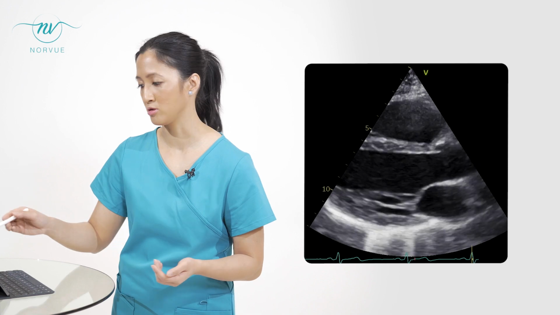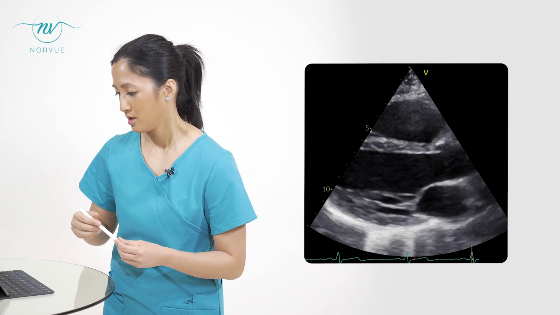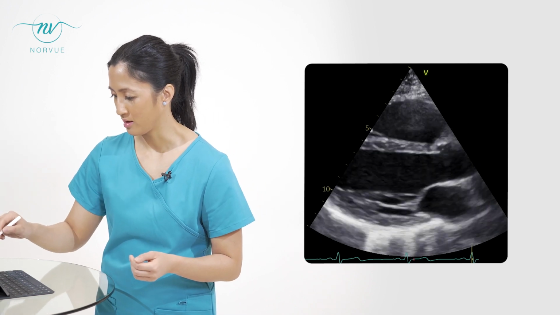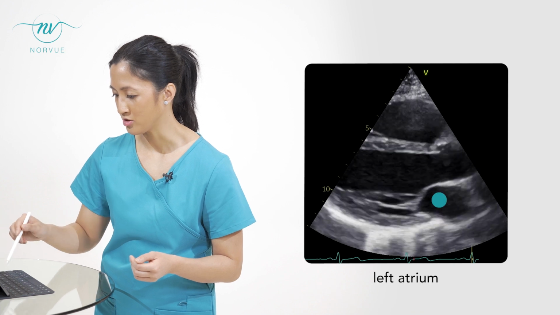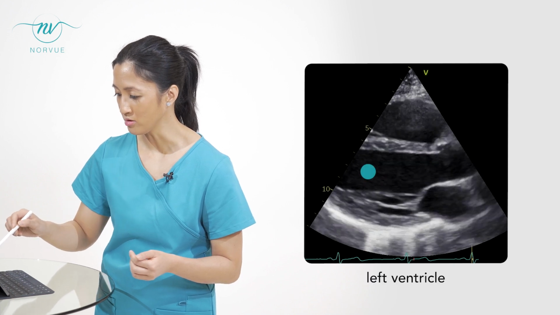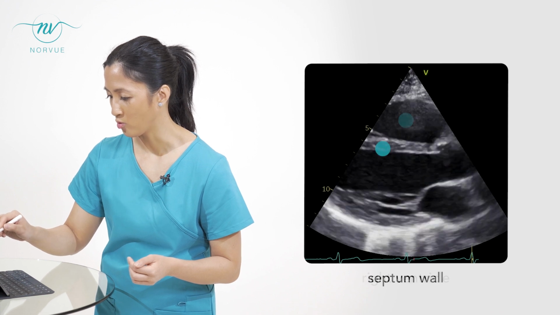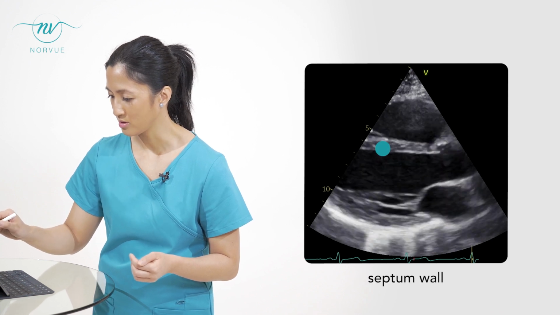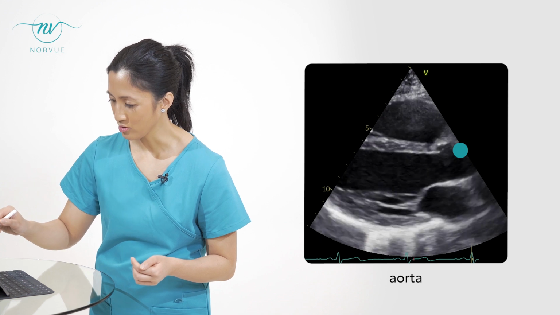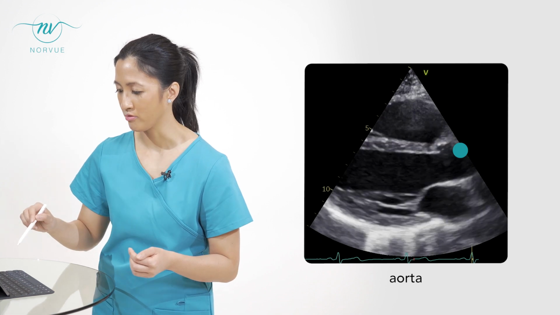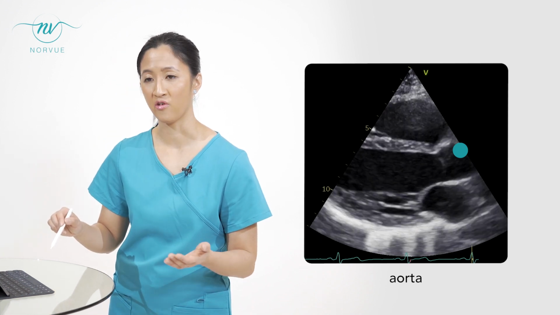So to summarize how it looks on the sonogram, the parasternal long axis looks like this. Here you have the left atrium, left ventricle, right ventricle, and this is the septum wall. And then you have the aorta here, and you can see the first valve here, which is the aortic valve.